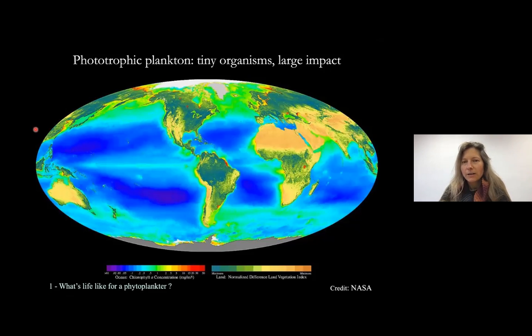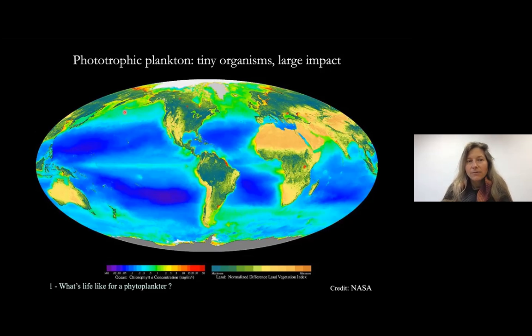What you can see here is phytoplankton in the sea. First remark, it's not homogeneously distributed. So at the very large scale, we can see that there is a lot of phytoplankton in the sea, but it doesn't always appear at the same place and not in the same abundance.